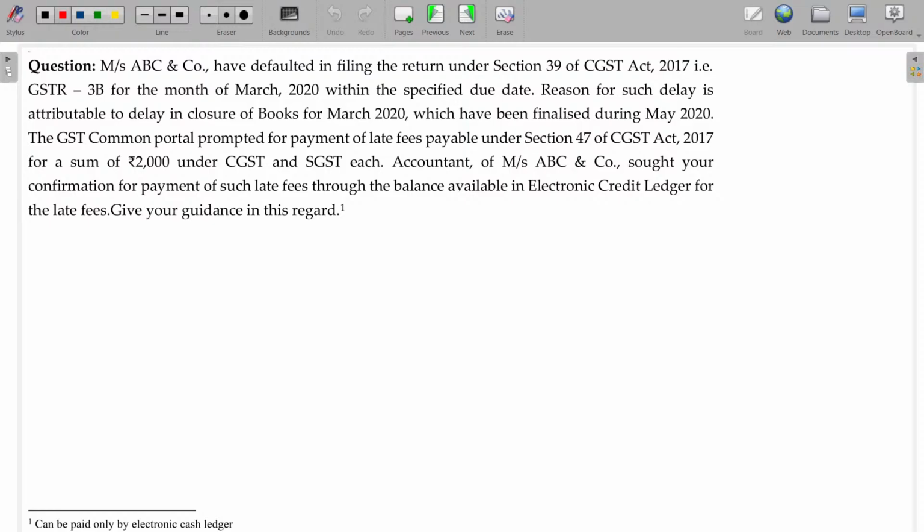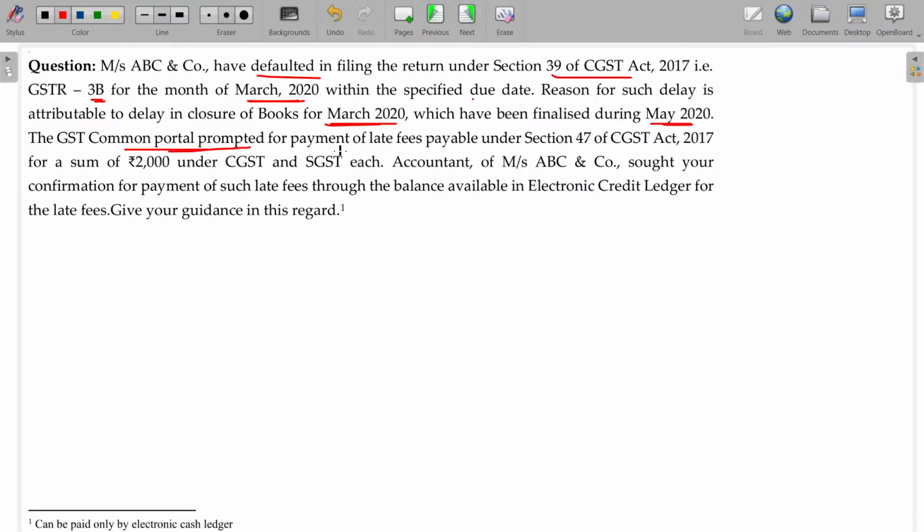Now, Messrs. ABC and Co. have defaulted in filing the return under section 39, that is GSTR-3B, for the month of March 2020 within the specified due date. The reason for such delay is attributable to delay in closure of books for March 2020, which were finalized during May 2020.